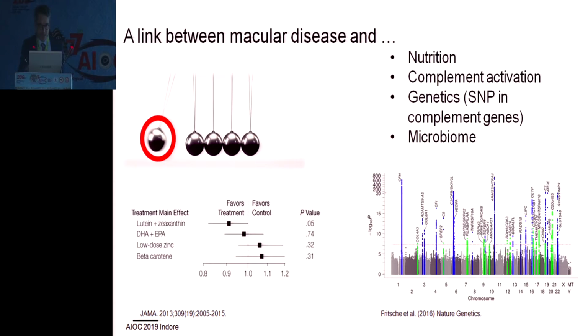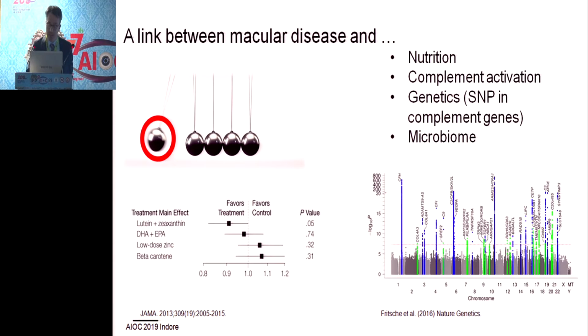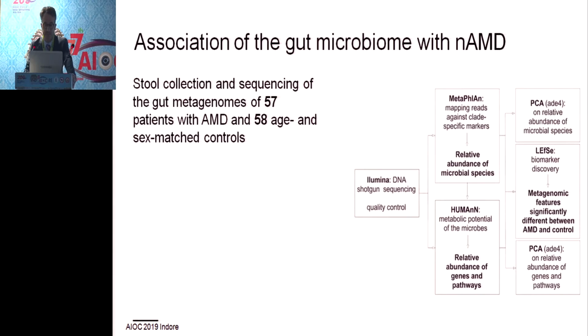We have recently shown that there is a link between macular disease, especially neovascular AMD, and the gut composition or the gut microbiome. We looked at a relatively small cohort of patients with neovascular AMD and compared the gut composition with healthy controls.